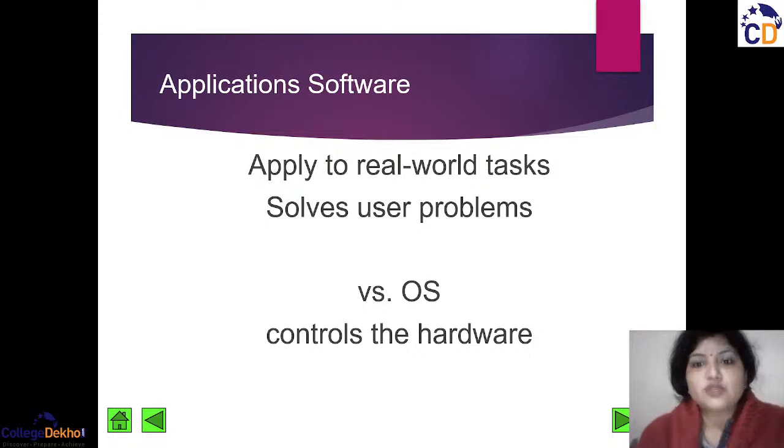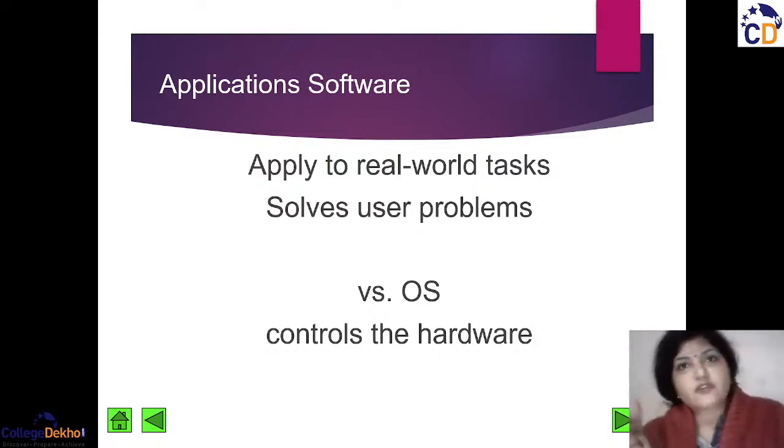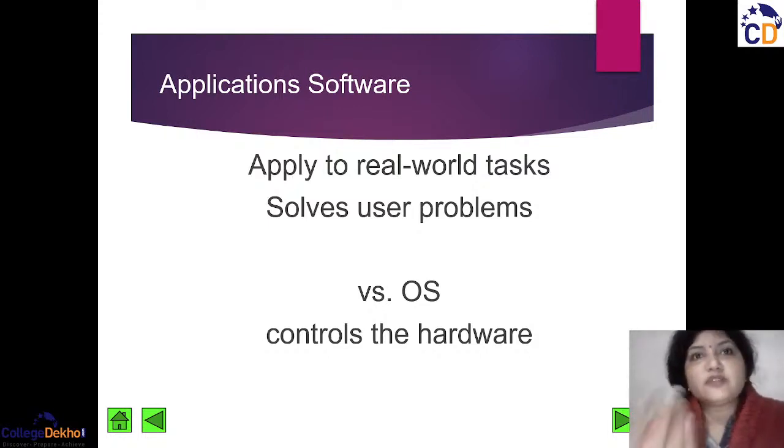Suppose I'm making PowerPoint presentations through MS PowerPoint, Microsoft Office. This is application based software, because it is performing and it is useful for the user. It is basically meant for the users. We are using those applications.